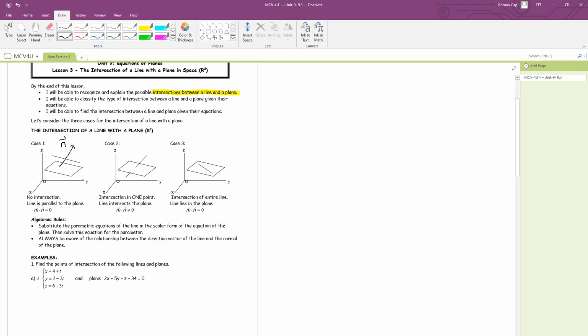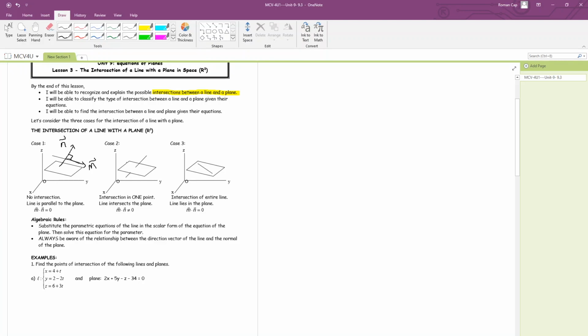And then we have another vector m, which is on this line, and it's going this way. And it's important to note that over here, the angle is 90 degrees. So that's the first case.